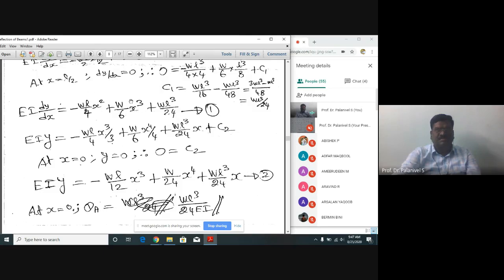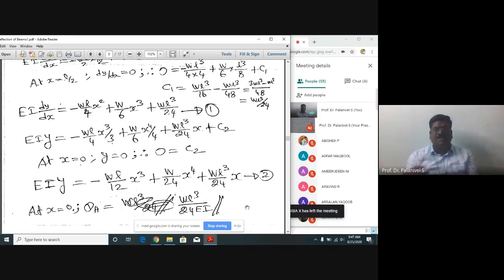This becomes 0. Only WL cube by 24 is there. 1 by EI into WL cube by 24, that is WL cube by 24 EI. So theta A, which is nothing but dy by dx at A, you have to write with suffix A, is equal to WL cube by 24 EI. This also you should not forget.